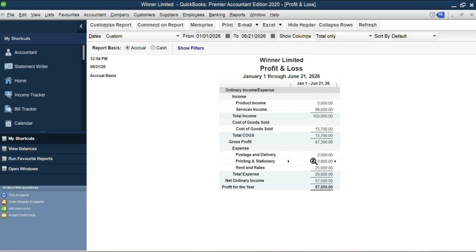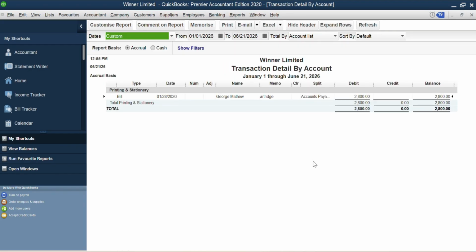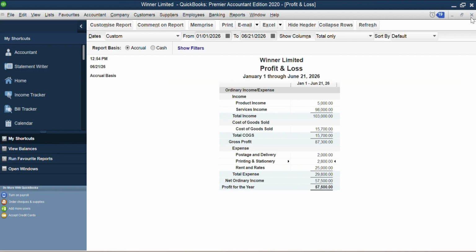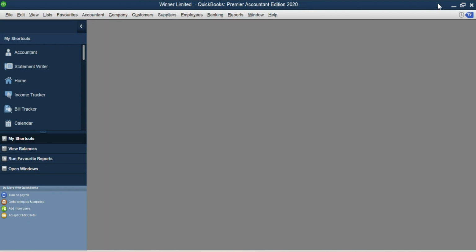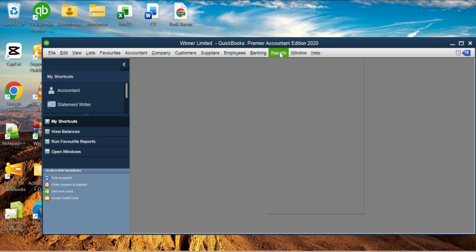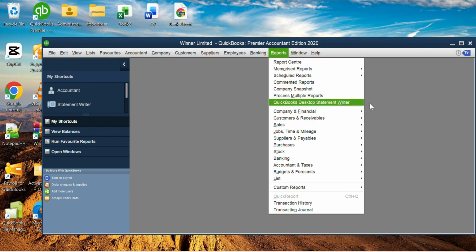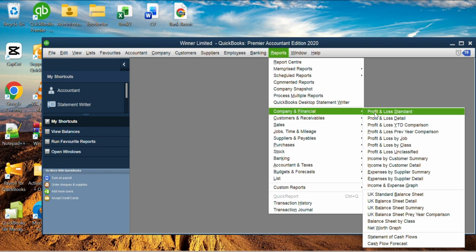We also have the cost of goods that we created, and the expenses, electricity, printing and stationery, rent, whatever expenses I was teaching you about, all of them can be seen there.